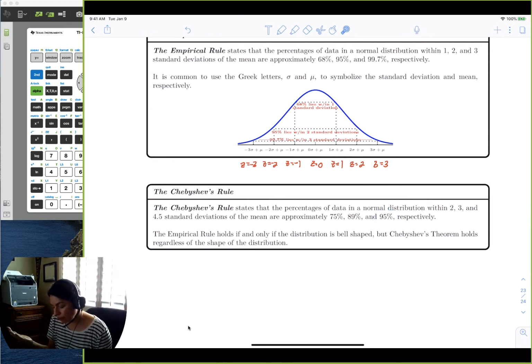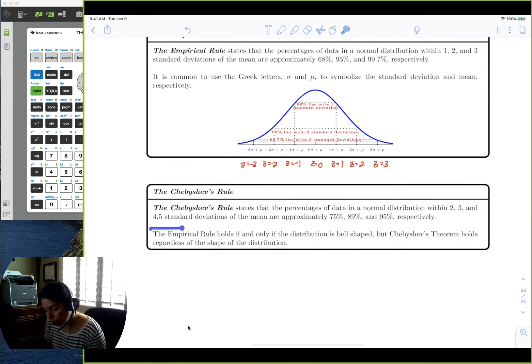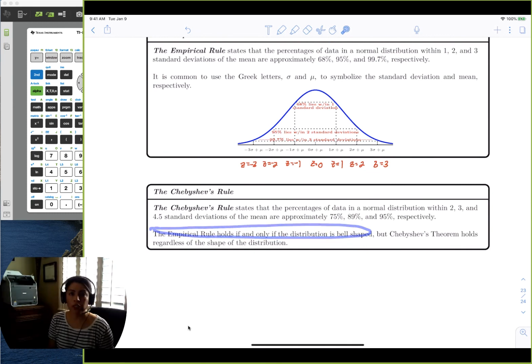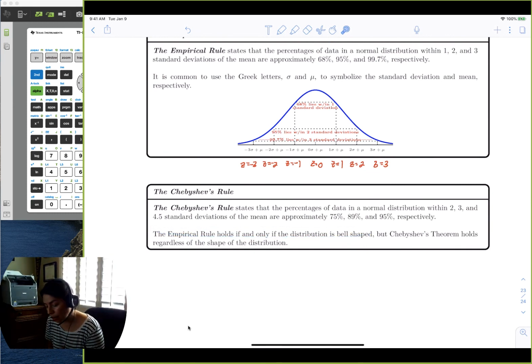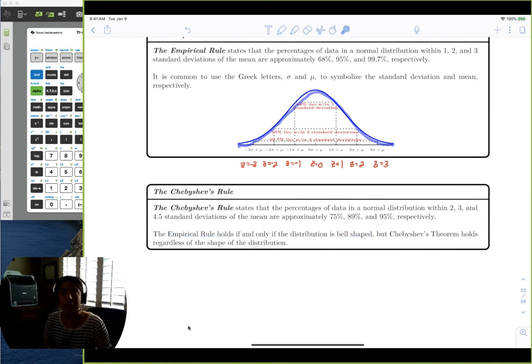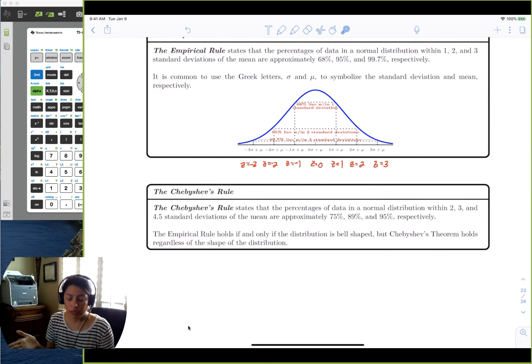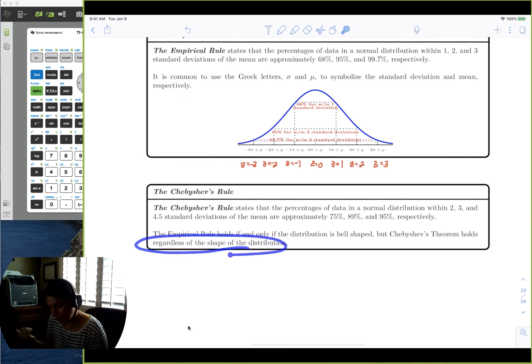And the only difference is the shape of the distribution. So the empirical rule only holds if the distribution is bell-shaped. It has to take on this bell. Whereas Chebyshev's is for any shape. So Chebyshev's rule is pretty powerful for the fact that it found these rules for any shape.